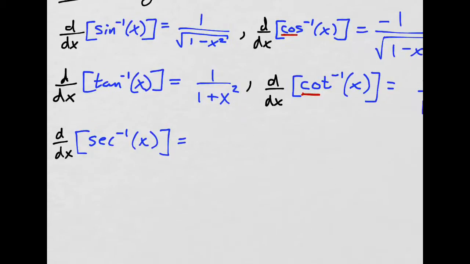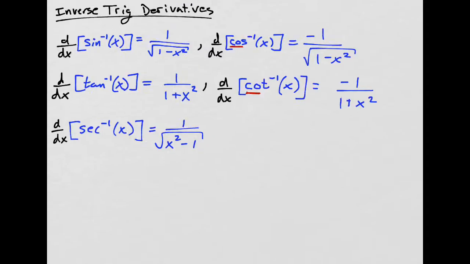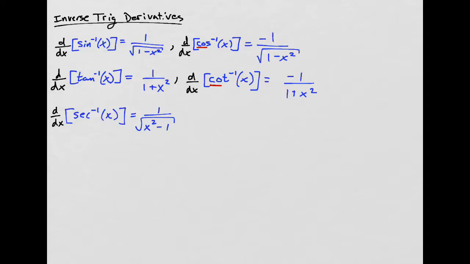Well, this one's opposite. I just have 1 over the square root of x squared minus 1. So it's the opposite of this. And why does it matter that the x comes first and the 1 comes last? The answer is yes, because we have subtraction there, so it changes the sign if we do it in a different order. So there we go.